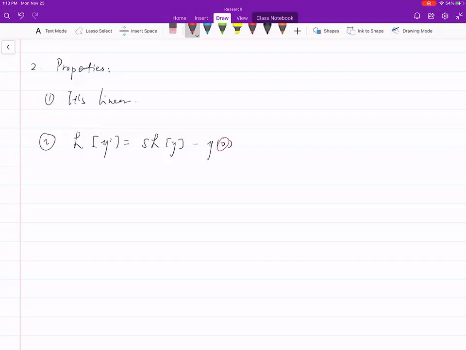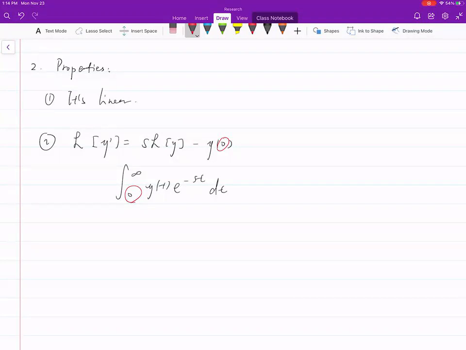Second, this y0 here has something to do with the 0 here. So by convention, we take it to be going from 0 to infinity, not any other number going to infinity. And the reason is because we want to utilize the information we know about the initial condition for the equation.